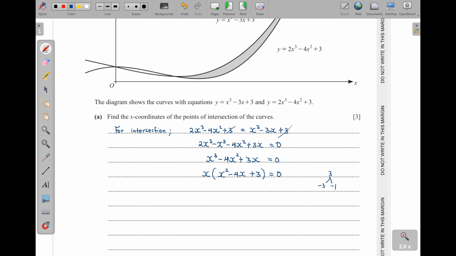So we shall have x into x minus 1 and x minus 3, which is equal to 0. By equating each to 0, x is going to be equal to 0, 1, and 3. So those are the x-coordinates of the points of intersection of the two curves.